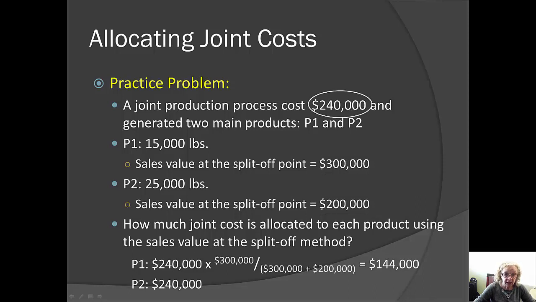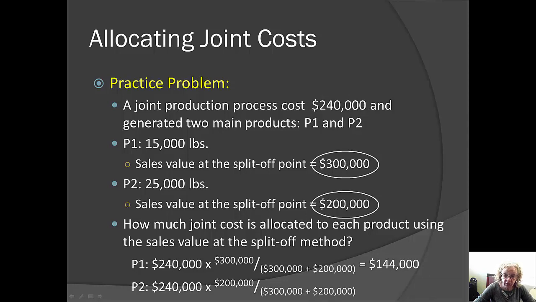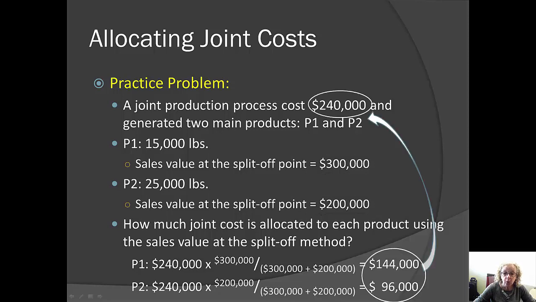P2 also gets its share of the $240,000 joint cost, but because it represents only 2/5 of the total revenue, it gets only 2/5 of that cost. Altogether, we have accounted for all $240,000 of joint cost.